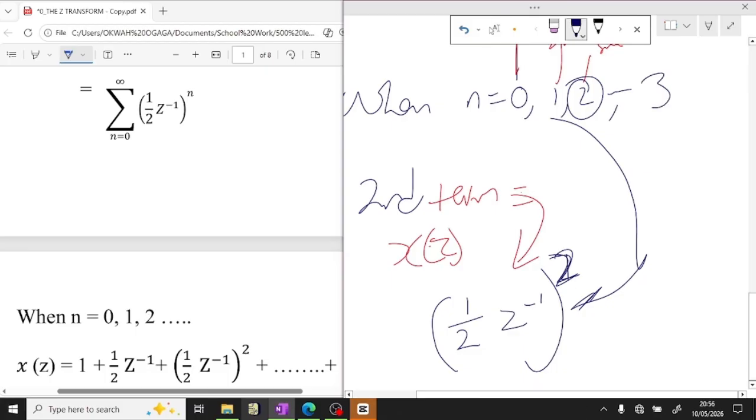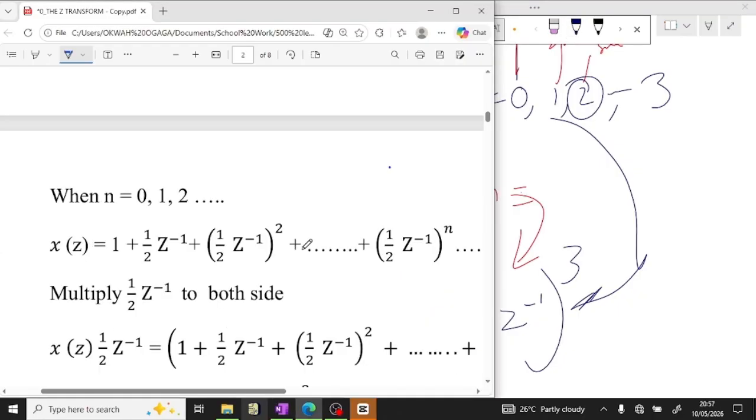So here will be 3. And so on, and so on. So you can see that's how we have it, first term, second term, third term, until the nth term. Now, call this one equation 1. Call this line what? Let me make that bigger.